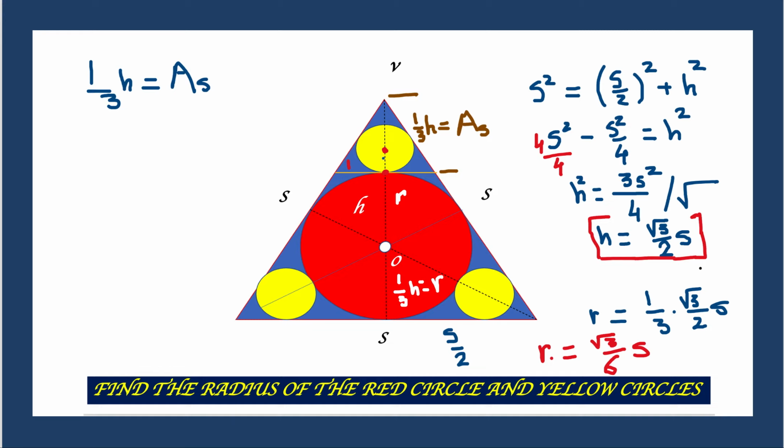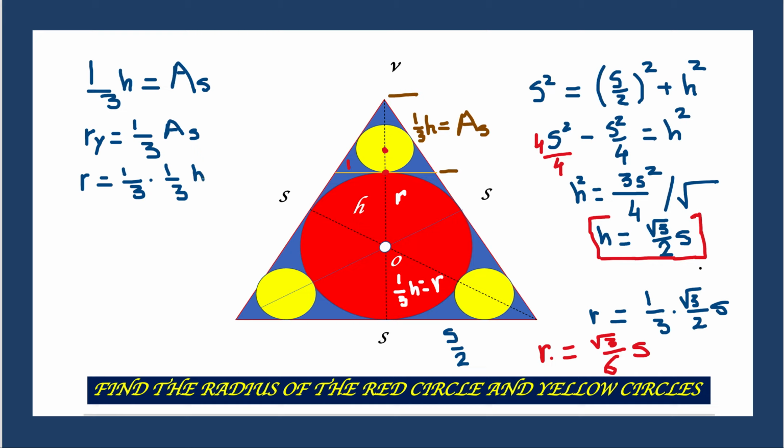But just this thing here is 1/3. So this distance here, the radius of the yellow circle, is 1/3 of the altitude of the small triangle. But the altitude of the small triangle is equal to 1/3 of h. So here it is 1/3 times 1/3 of h.